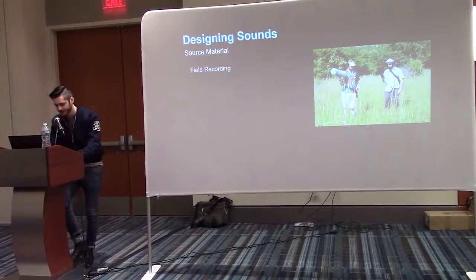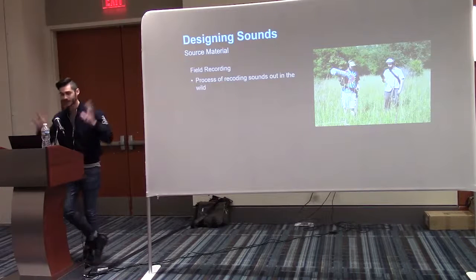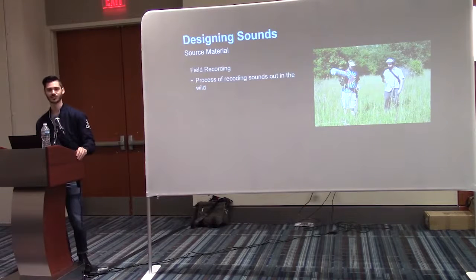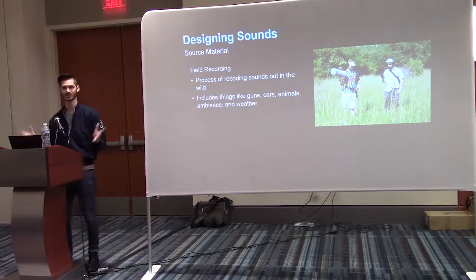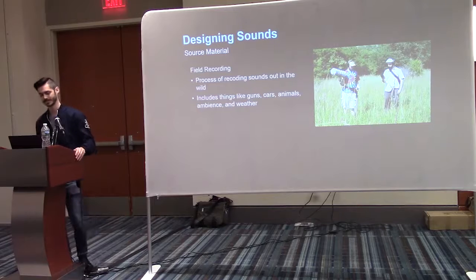In field recording, it's pretty much just going out in the wild with a recording device and a microphone and recording whatever you need. For example, ambiances, guns, cars, animals if you're lucky, weather, rain, and everything outside. It's all useful stuff.